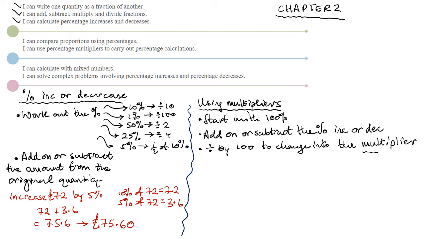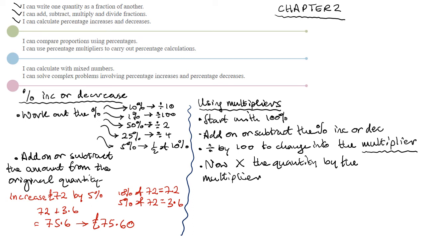And why do we call it the multiplier? Because we multiply the quantity by the multiplier. So now multiply the quantity by the multiplier. So let's do the last example, but using a multiplier. Let's choose some different numbers.